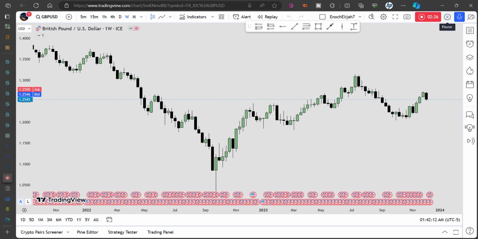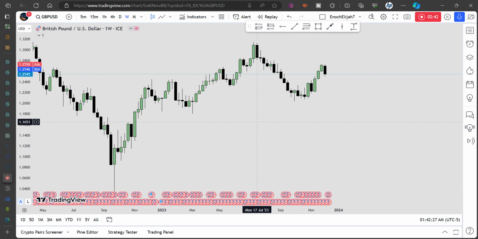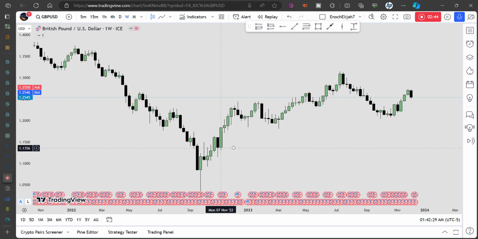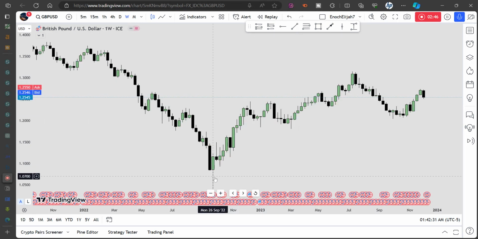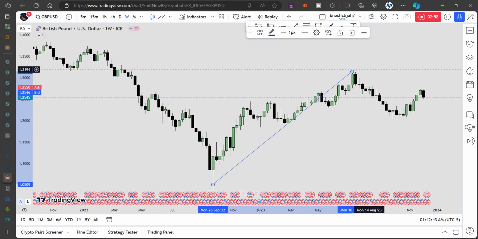Okay, so let's talk about market trend, how the market moves generally. So this is my pound dollar chart. You can see that from here, price made a low. This was last year, and then from here it kept going higher, and then down to this place.